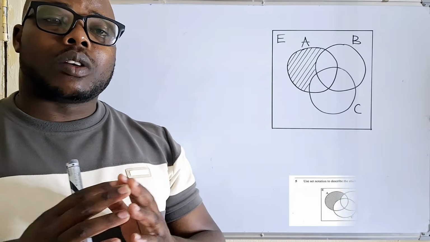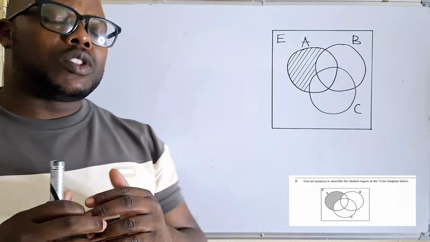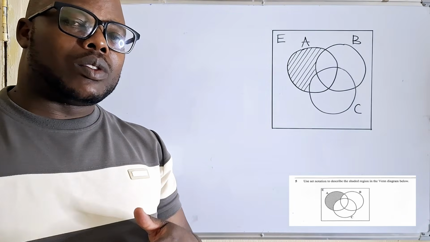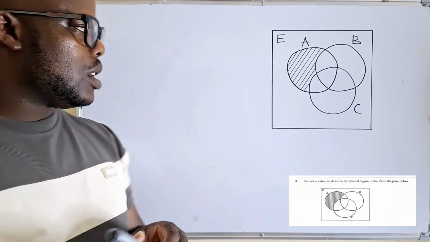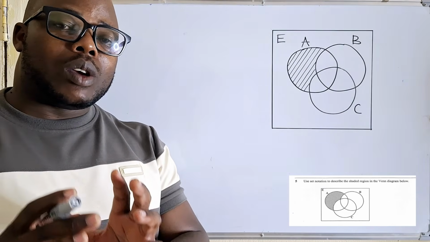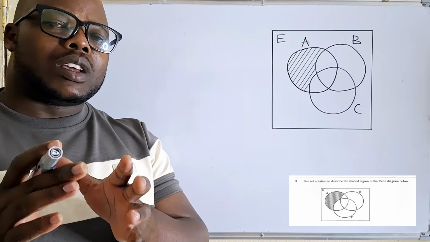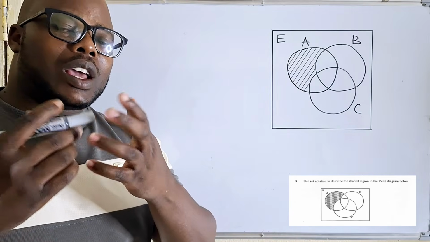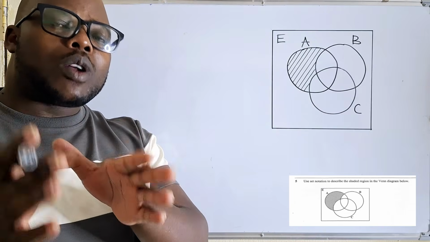This question right here, we've been told to describe the shaded region using set notation. Basically, what we need to do here, we have to understand that we only need to get elements that are found in set A only.